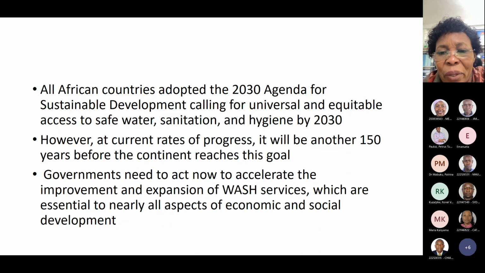That's a long, long way to go. But being on track is pleasing. The governments need to act now to accelerate the improvement and expansion of WASH services, which are essential to nearly all aspects of economic and social development.